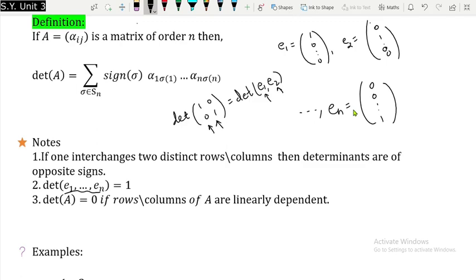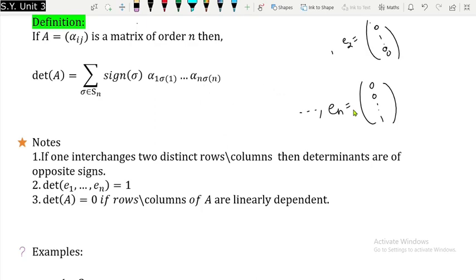And if it is a matrix of order n, then you will go up to E1 E2 up to En, right? In that case you will have n columns. So this notation is used. This notation we are going to study in depth when we see one more definition of the determinant.